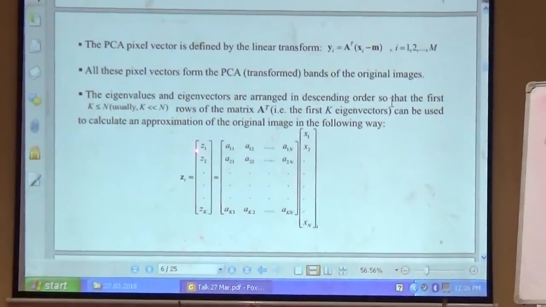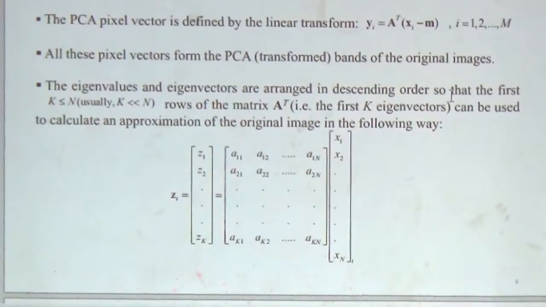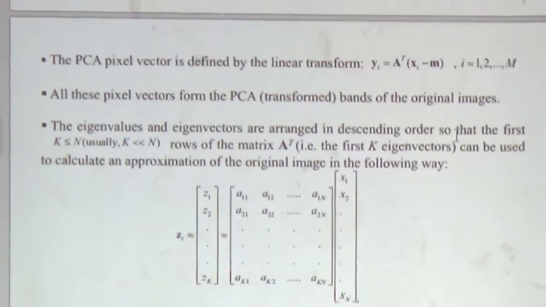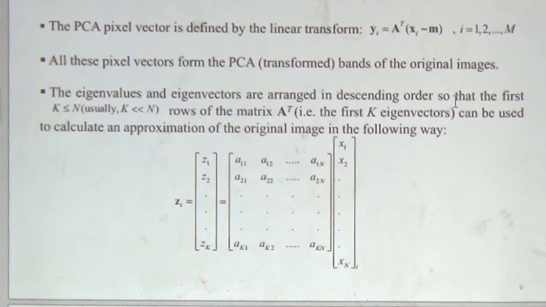That means I will keep only Z1, Z2, Z3. Those are the first 3 data points corresponding to the first 3 eigenvectors, corresponding to the first 3 eigenvalues.